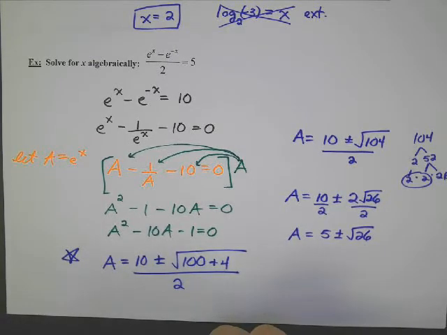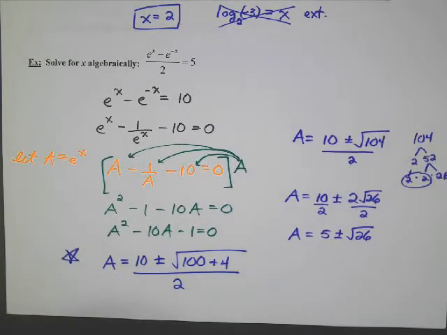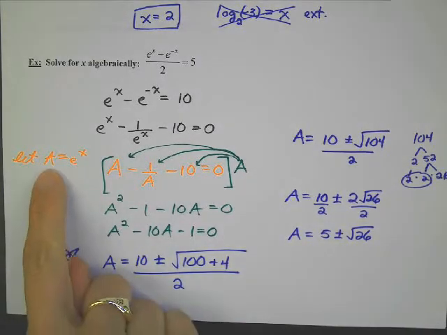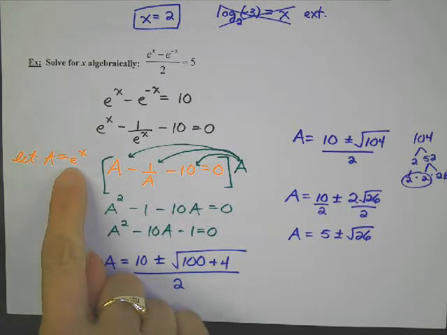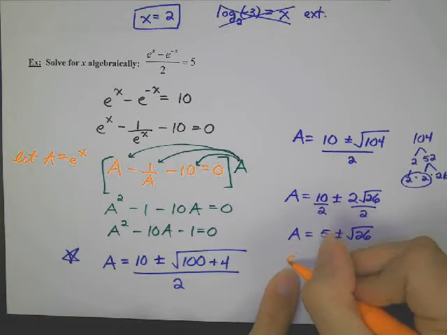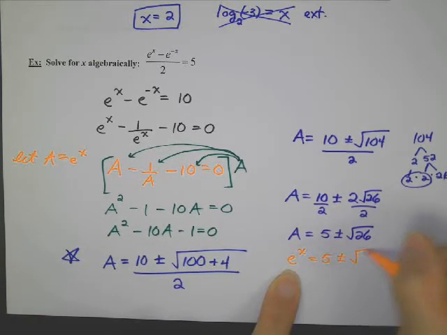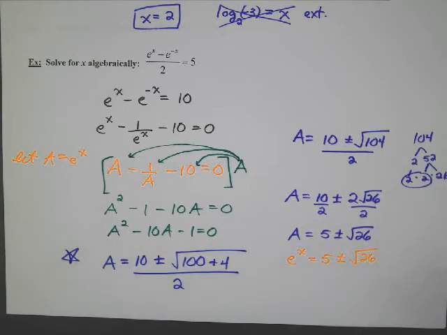Great. Wait a minute. This equation didn't have A's. Now that you've solved for A, it's time to bring your e to the x back into play. So A, thank you for helping, but you got to get out of here. e to the power of x is 5 plus or minus radical 26.